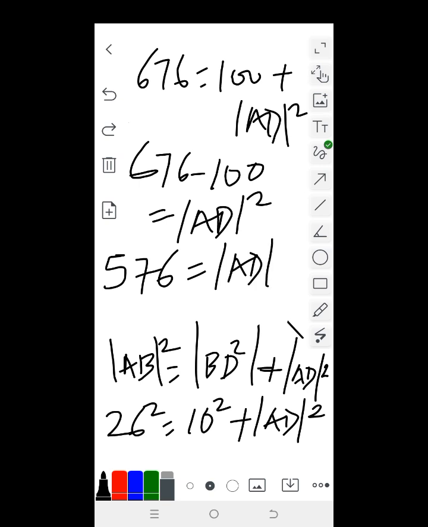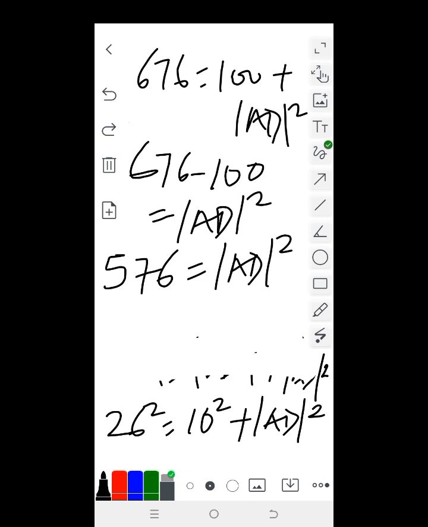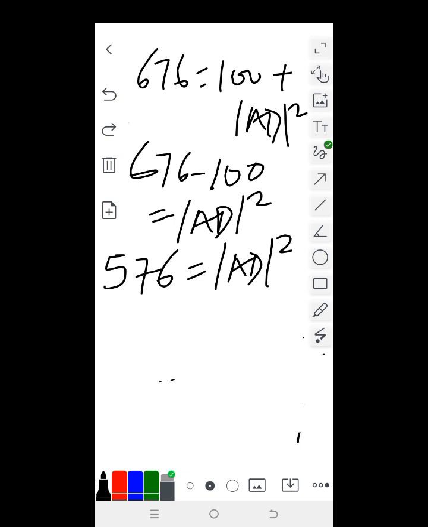And if I take away 100 from 676, I have 576, which is also equal to AD square. On this note, we'll go ahead and find the square roots of both sides. We'll find the square root of 576, then the square root of line AD square. Definitely, square is going to cancel out square root.